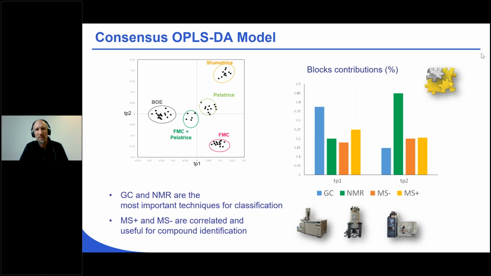You have to know that the GC dataset was really carefully manually curated, and the annotation was done with great care. And this was not the case with the LCMS data matrices. I didn't talk about that, but the number of variables was much higher, but that's because there were untargeted and unannotated feature matrices.